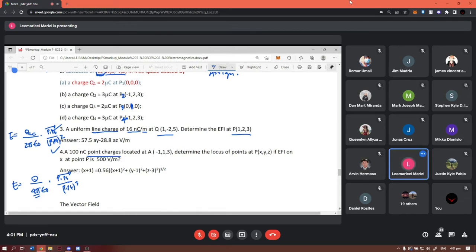Ano pagkakaiba ng line charge sa point charge? Pagka given ay point charge lang, kahit wala sa sinabing point charge yun, point charge yun. Pero pagka sinabing line charge, o kaya may sinabing 60 nanocoulomb per unit length, line charge yan, ibig sabihin.